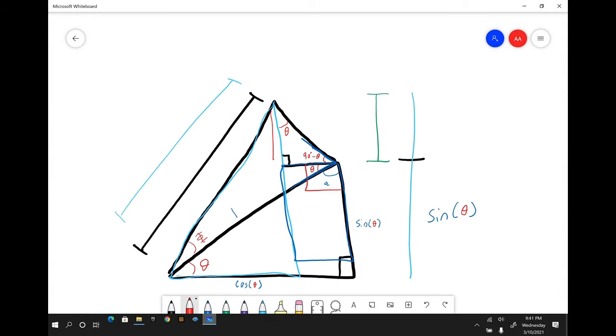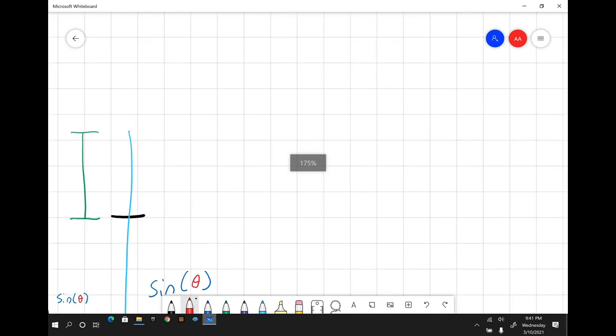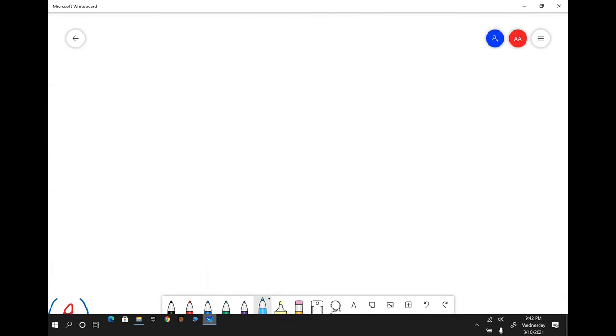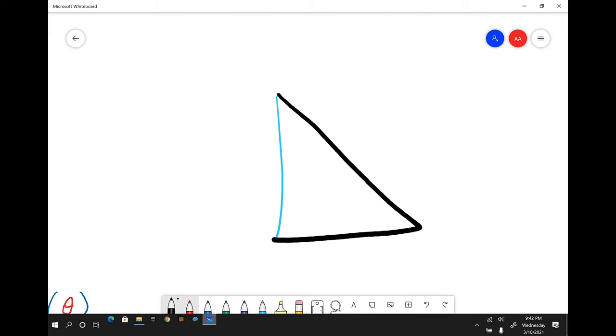Now let's redraw the triangle we're looking at. So we'll have this length here and this hypotenuse and opposite length here. And this triangle will have an angle theta and a right angle here.